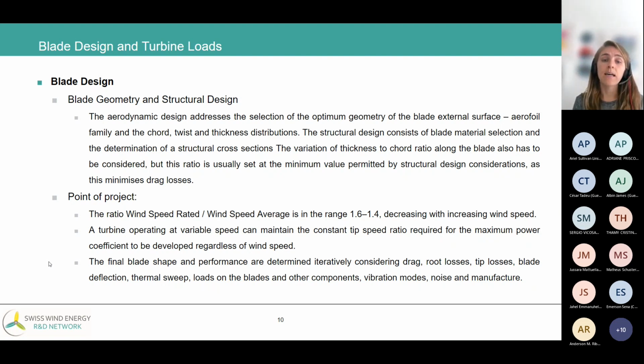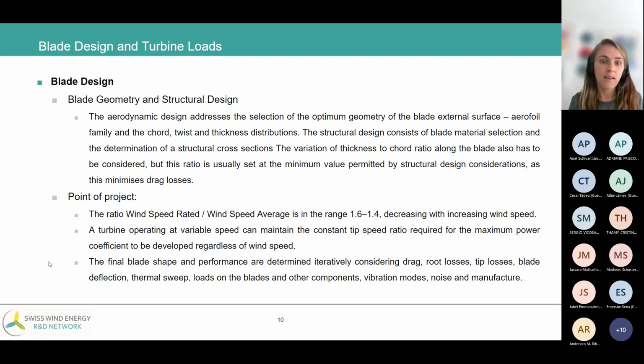And then here, one thing to take into consideration is the ratio between the rated wind speed and the average wind speed. The rated wind speed is the one that we'll be using for our project, and it's the wind speed at which you have the rated power, which means the power that you are designing your turbine for. And the average wind speed will depend on the site, on the climate where you are designing your turbine.